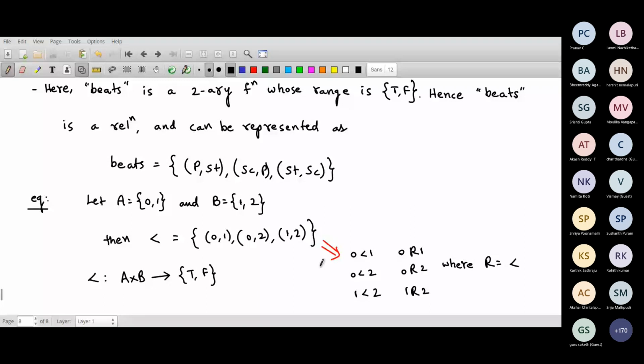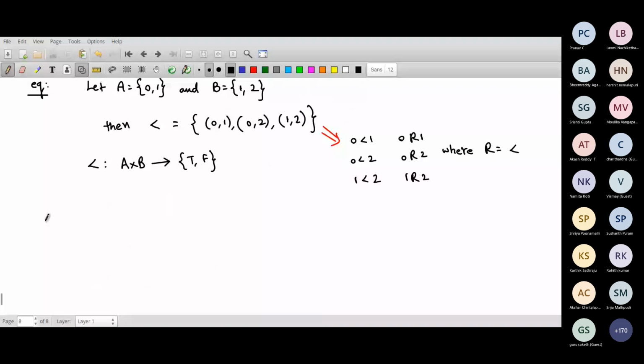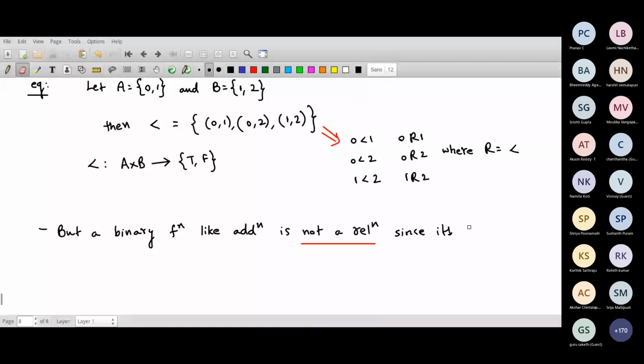Okay, but a binary function like addition is not a relation. Why is it not a relation? Since its range is not true or false.